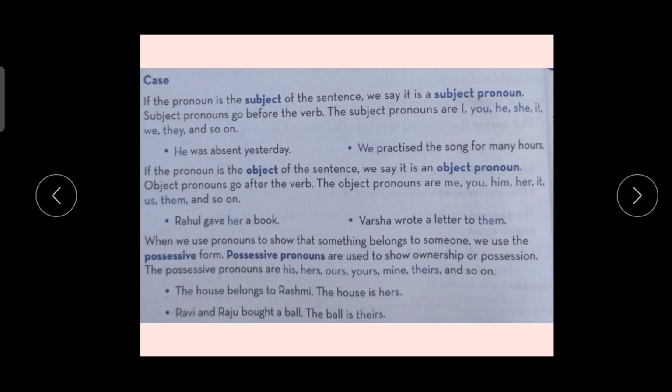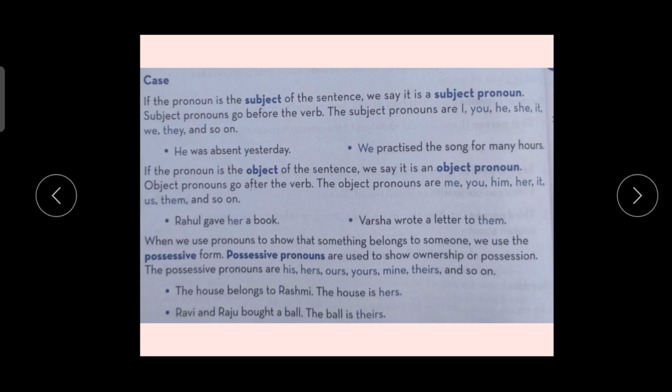Dear students, you all must have seen that a sentence consists of subject, verb, and object. If a pronoun is being used in the place of a subject, then we are using subject pronouns. What are the subject pronouns? I, you, he, she, it, we, they. All these are subject case pronouns.